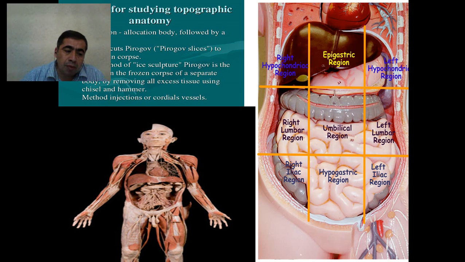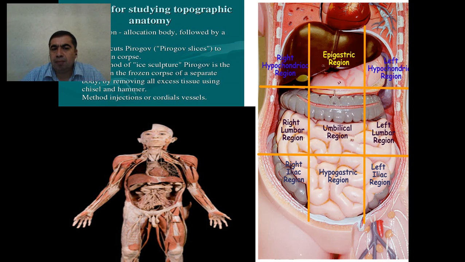The modification of the injection method, the method of corrosion preparation, can be used. What does it mean? The same thing. The blood vessels or lymph vessels, the vascular system or lymph system, is injected with a special contrast material.